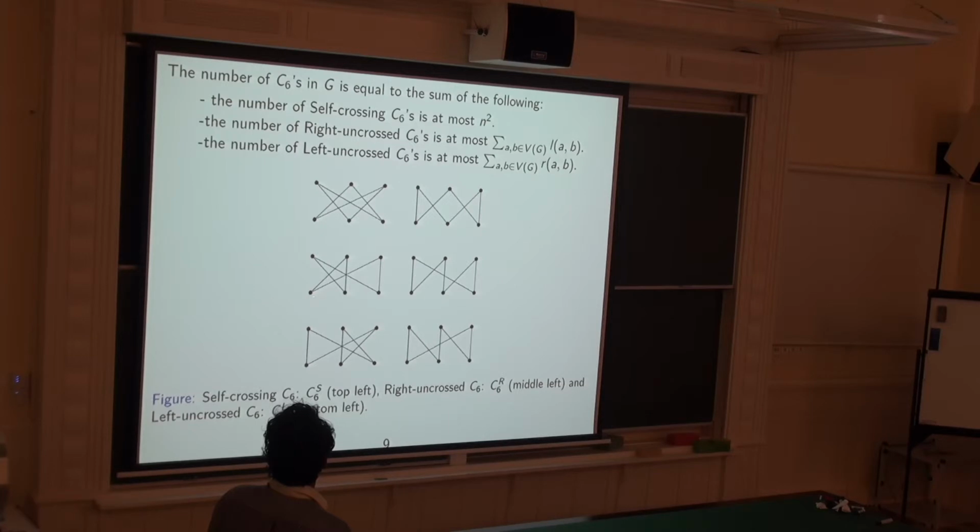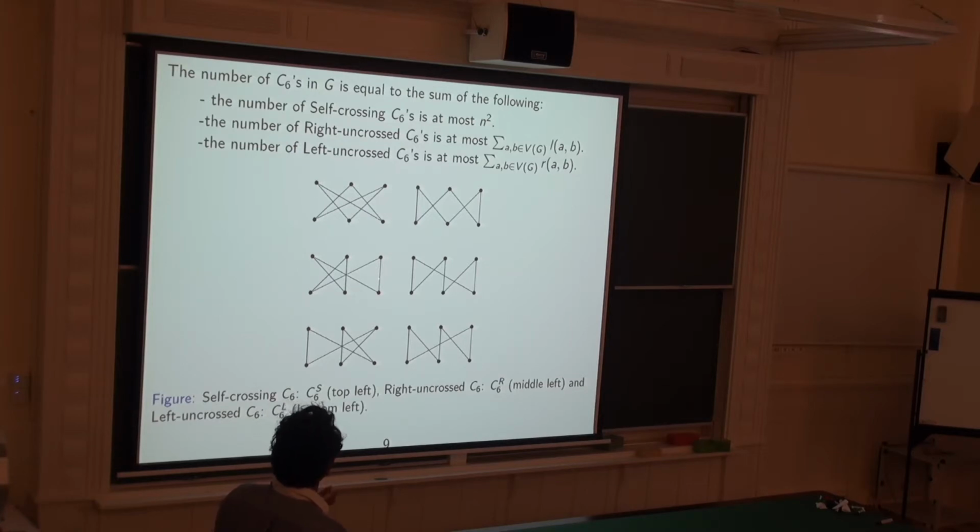Just to see that the number of right-hand cross C6s is at most this much, again, let us associate the upper middle vertex and the lower right vertex. Between them there is a path of type n, as you can see, and between a pair of vertices we can have at most one path of type n.